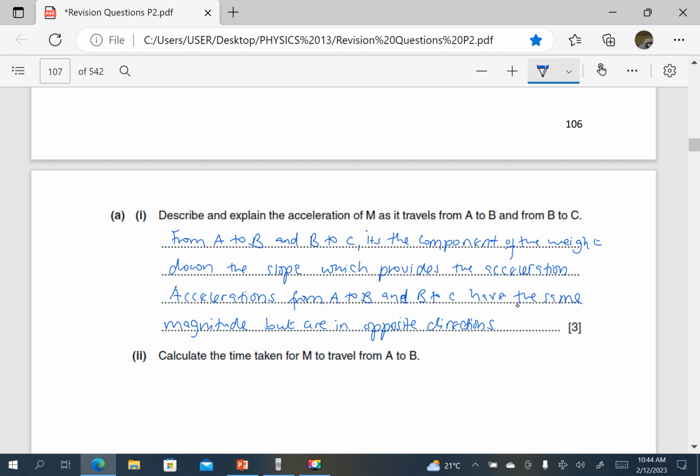In fact, they are both towards B. Both directed towards B.